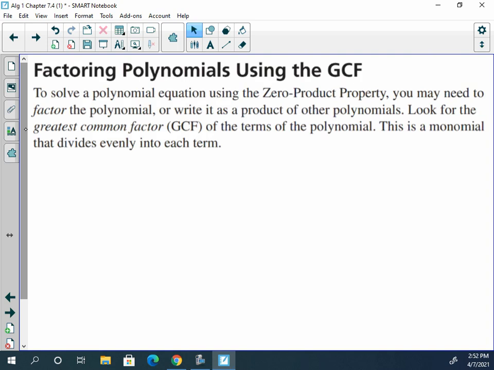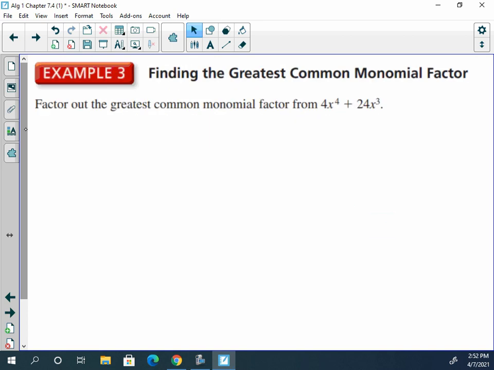Let's look at the last thing we're going to talk about today: GCF. Does anybody know what a GCF is? It's the greatest common factor. The greatest common factor of a polynomial is something that divides into each term evenly.